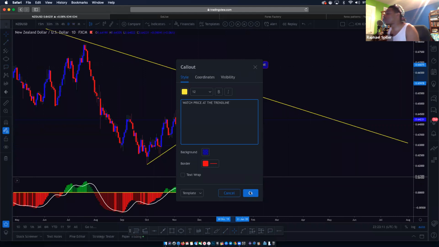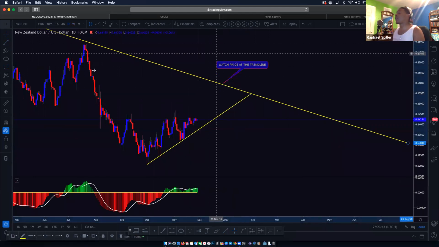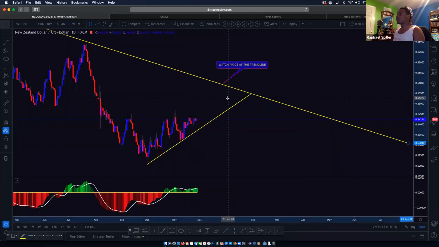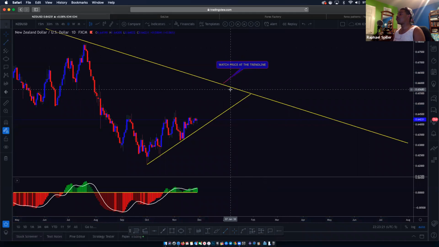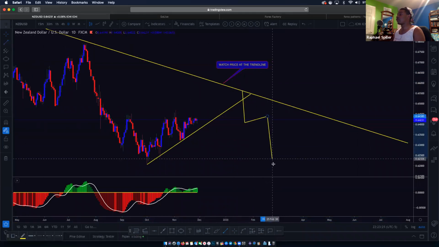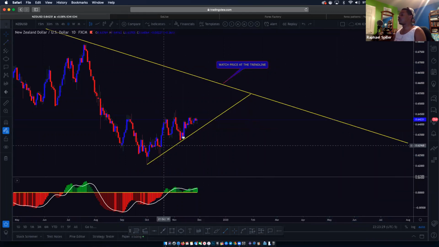If it's going to break out and then go up, or if it's going to break down. That's what we're watching from NZD USD when it gets to that trend line.